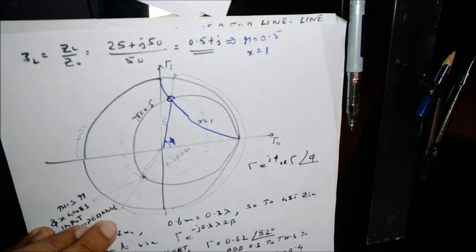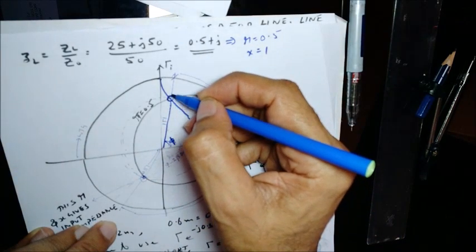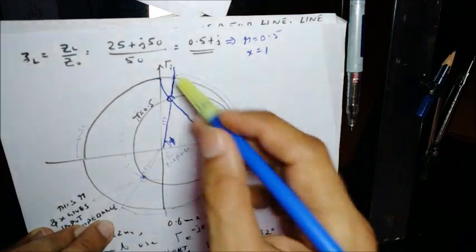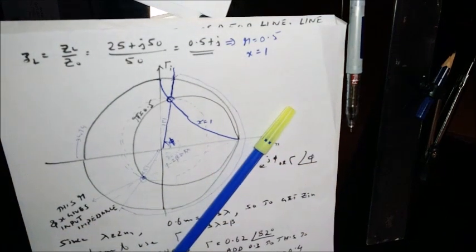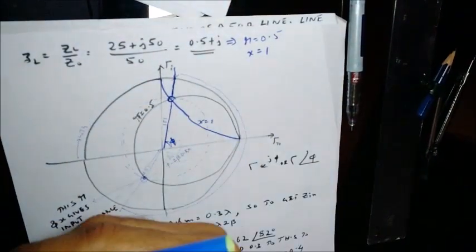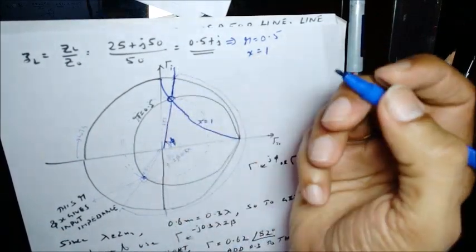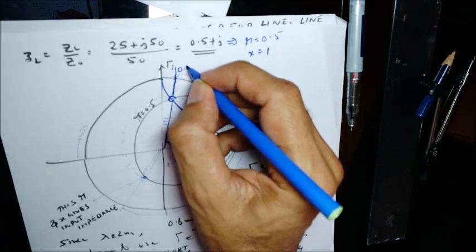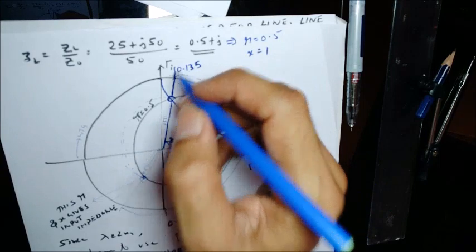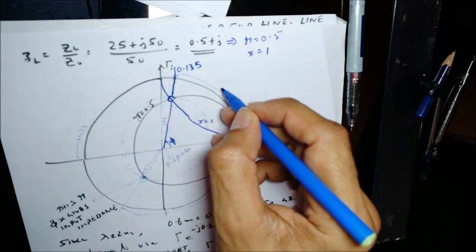Now once we do this, we got the reflection coefficient. Now what we do is we extend this so that it intersects the scale. Of course, that is how we find the angle of the reflection coefficient, but we now have some additional numbers. So we extend this and we see that it touches a number which is like 0.135, marked on the wavelength towards generator side.